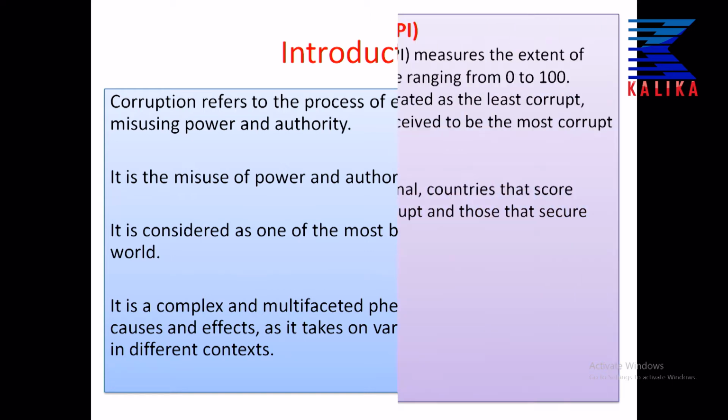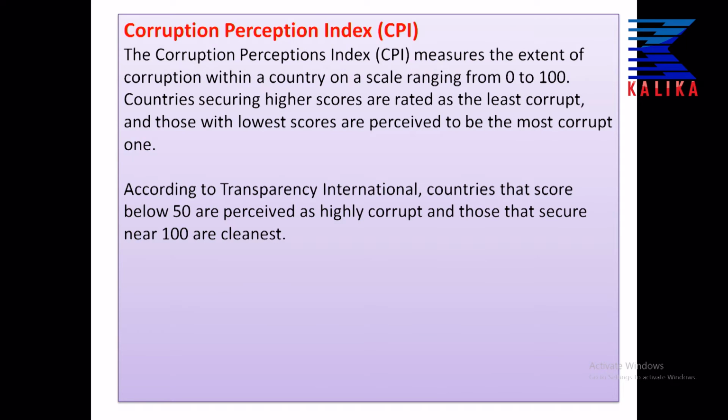While talking about corruption, we should also know about the CPI, the Corruption Perception Index. The Corruption Perception Index measures the extent of corruption within a country on a scale which ranges from 0 to 100. The countries whose score is 0 are called the countries having the highest corruption, and the countries where the score is 100 are called the countries with the lowest corruption.